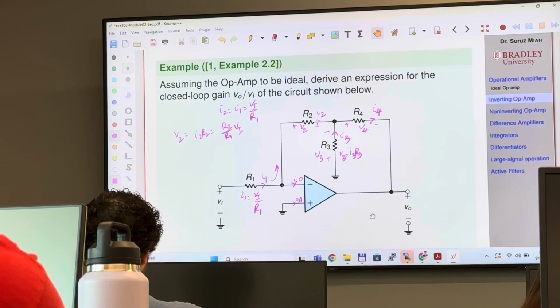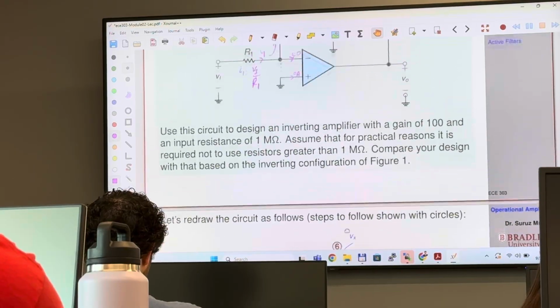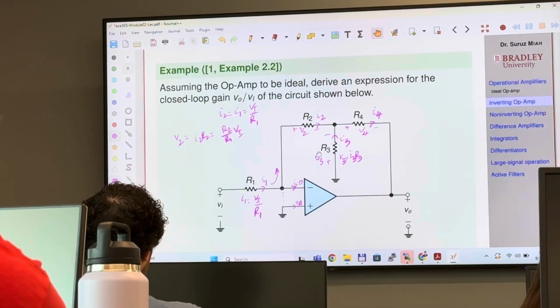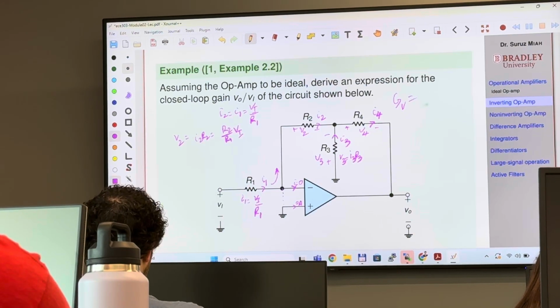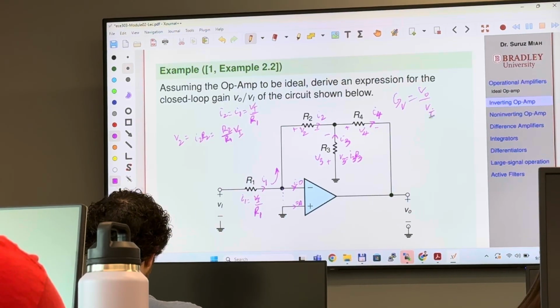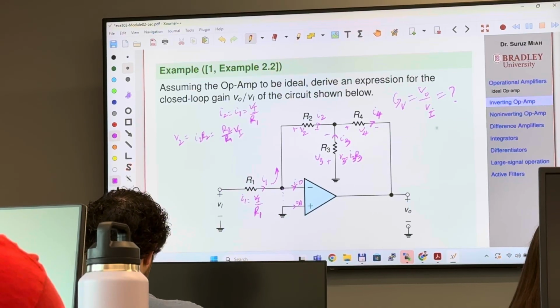Now look. I have labeled everything. As soon as I see an ideal op-amp, I label this. Derive an expression for the closed loop gain, which means the overall closed loop gain GB equals V0 over Vi. I need to find V0 over Vi equals what for this circuit.